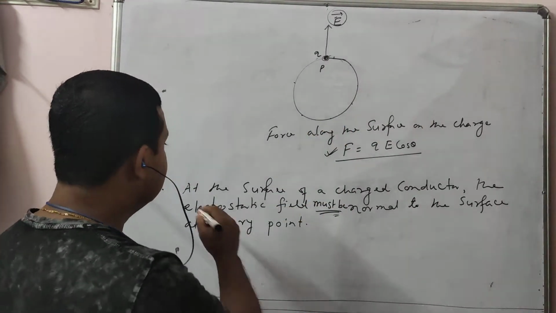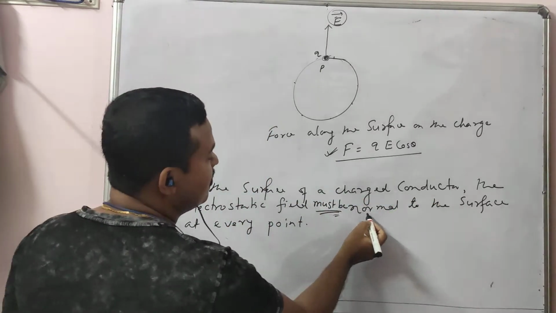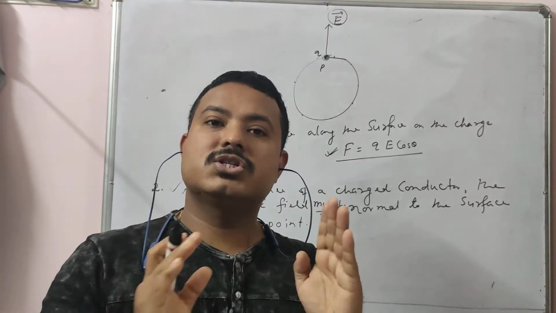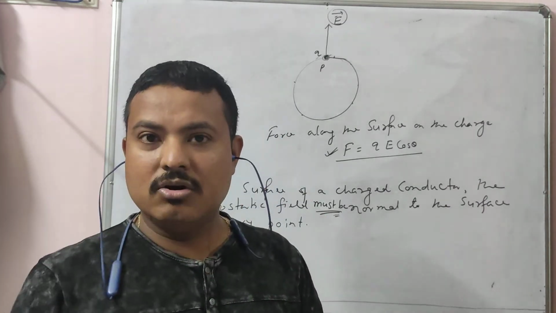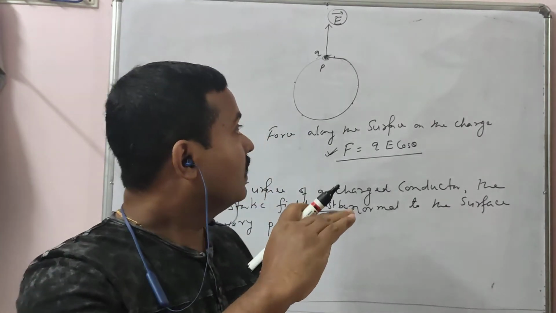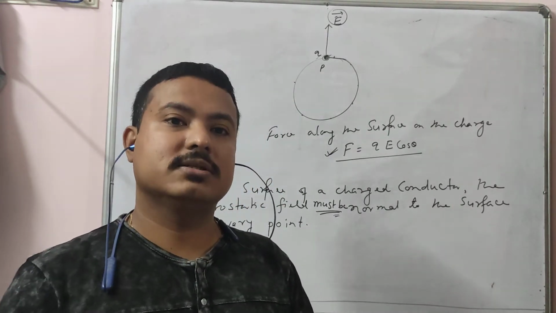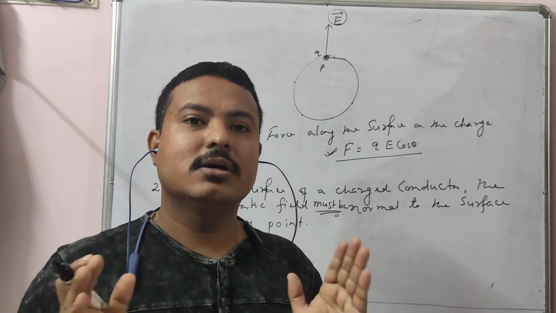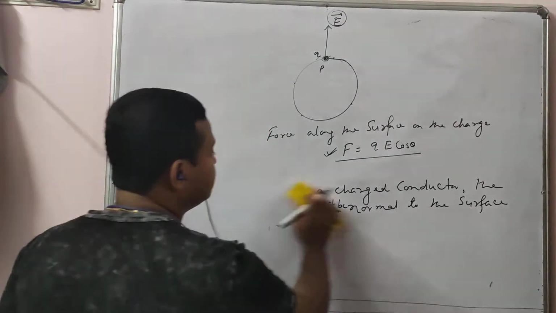So at the surface of a charged conductor, the electrostatic field must be normal to the surface. If not, then the charge on the surface experiences a force along the path, which may move the charges. That means charge will move, so it will not be an electrostatic property. Okay. So this is the second property.